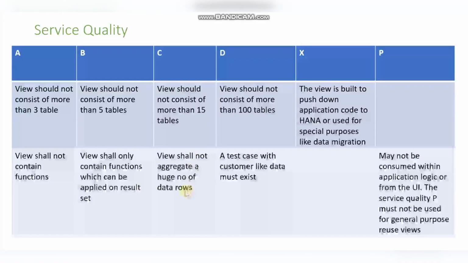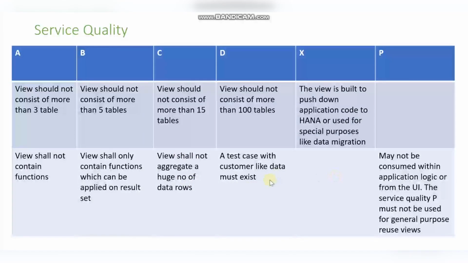And if you make it C, it shall not aggregate a huge number of data rows. That means if you want to use aggregation with a huge amount of data, you cannot do it if you make the annotation value C.